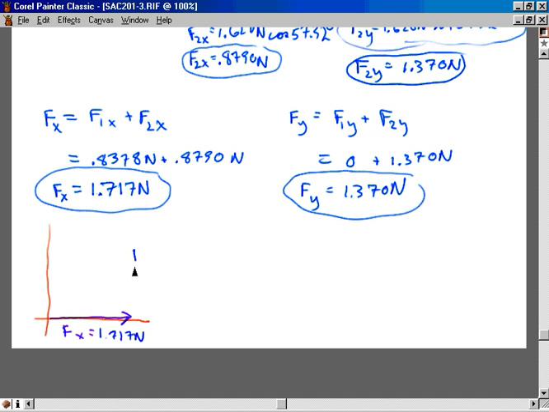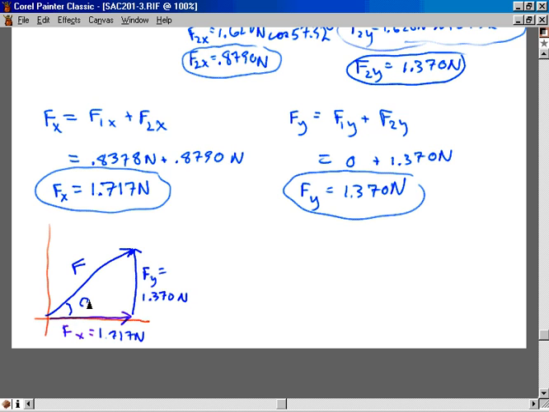plus Fy of 1.370 newtons. They all add up to F itself, which is going to be at some angle.